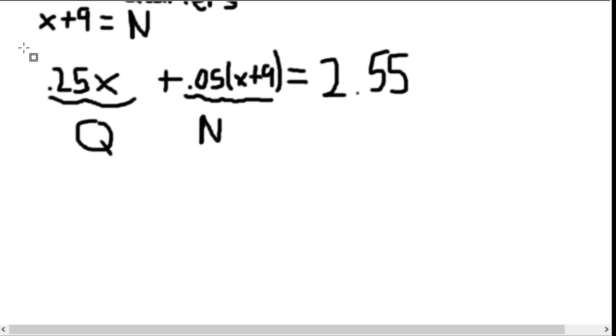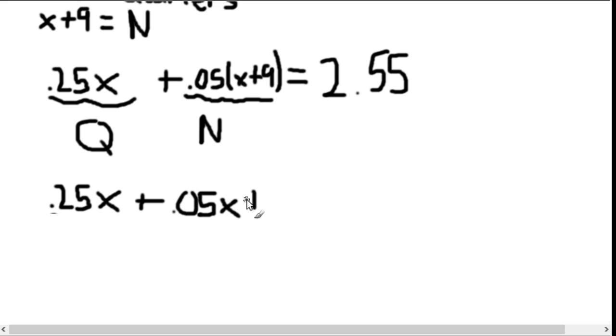Then 0.05 distributed gives 0.05x, and 9 times 0.05 gives plus 0.45, and that's going to equal our 2.55.